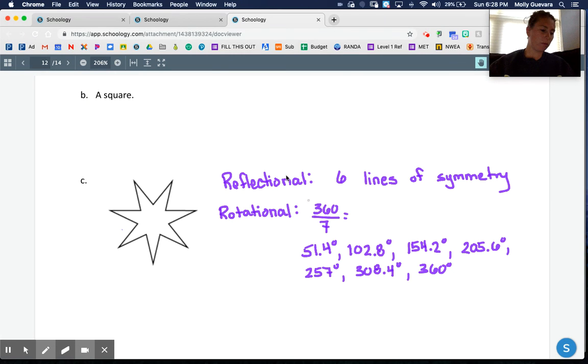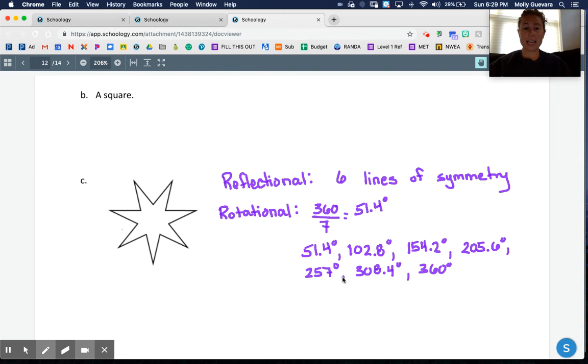Now, 360 divided by 7 is about 51.4, but not exactly. So these numbers that I did, 51.4, and then plus another 51.4, and so on and so forth, are rounded. They're not perfect, but it gives you the right idea here that every time I add 51.4 degrees, this shape will line back up on itself.